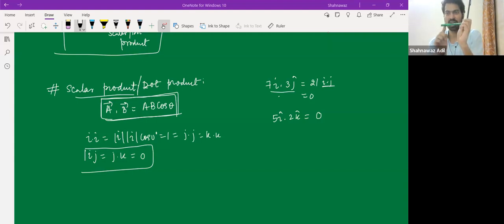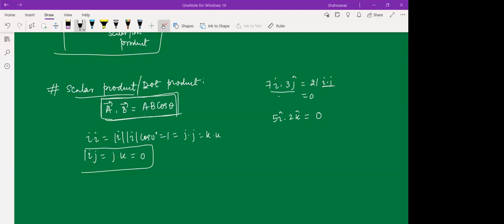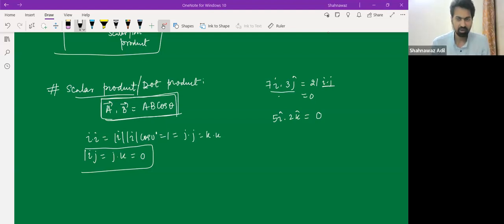This is I and this is J, and this is also perpendicular. And this is Z and this is X. So all these three I, J, K are mutually perpendicular. Understood? You can take three pens and make all three perpendicular, and then you will be able to see it.